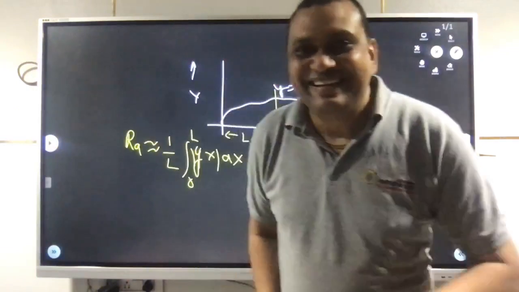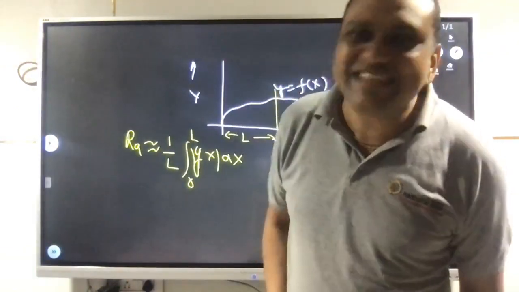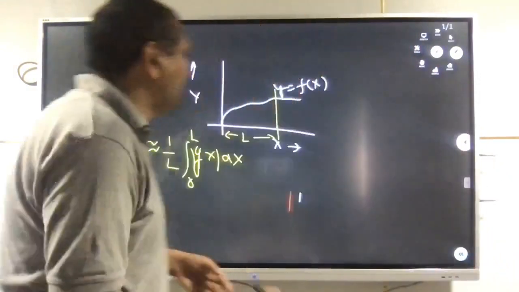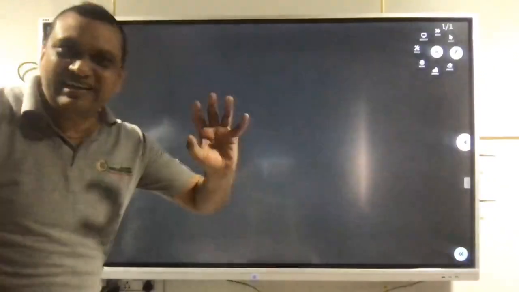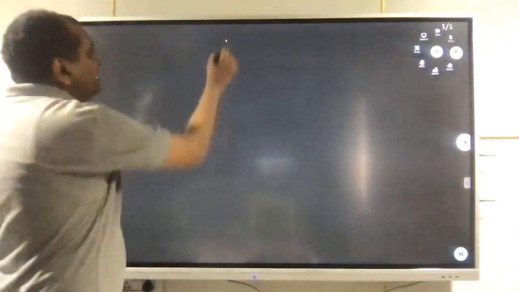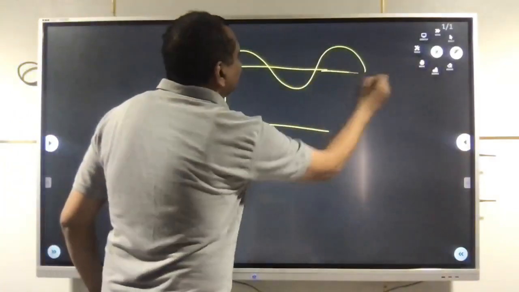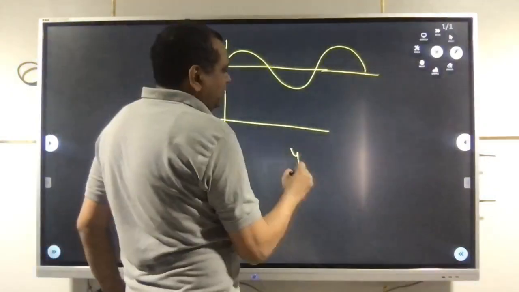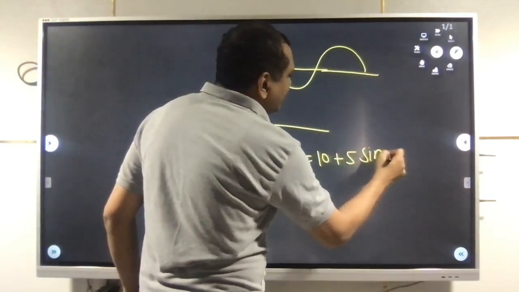Now, suppose there is a function and the cutoff length is not given to you. Then how will you handle this question? The reason I am teaching these things is so that you do not just hear, later listen and forget about it. Suppose there is a sinusoidal curve. Let us say y equals 10 plus 5 sin x.